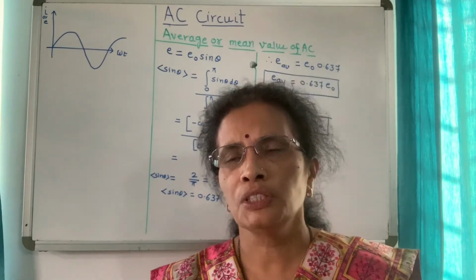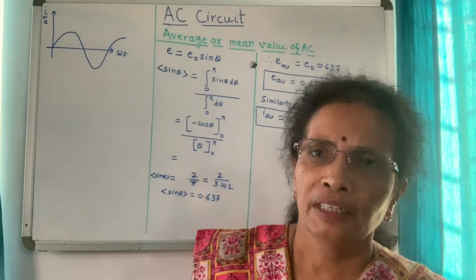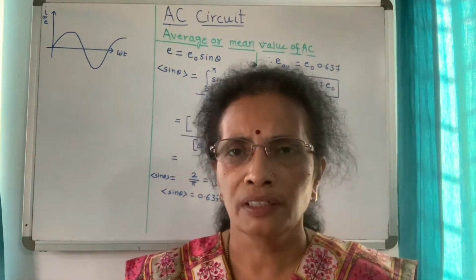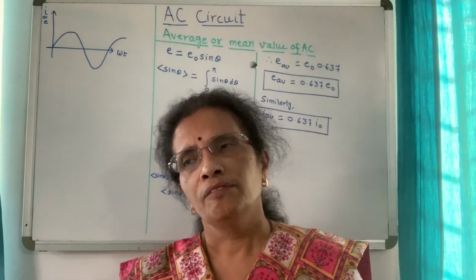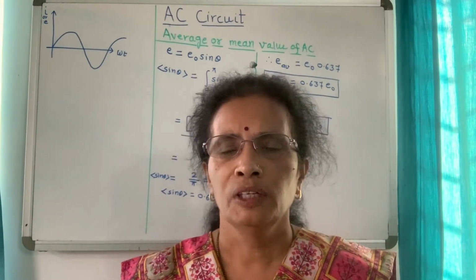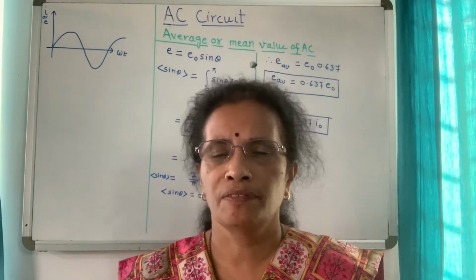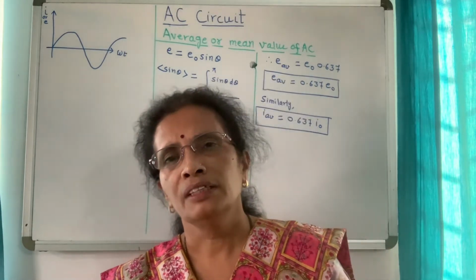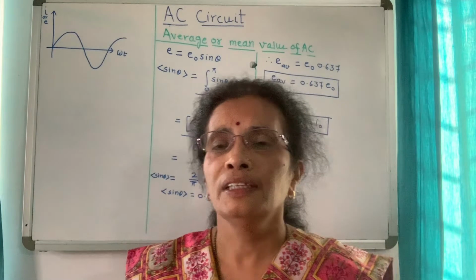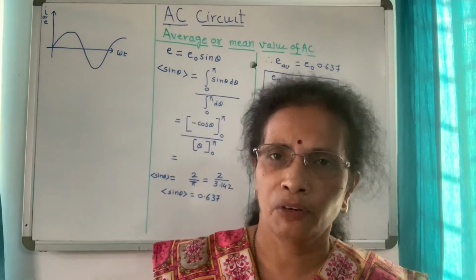So a very huge induced EMF is developed, around 11 kilovolt, and for the transmission of this voltage up to our home or the industrial area, for convenience or safety purposes, this EMF of around 11 kilovolt is again raised using transformers.